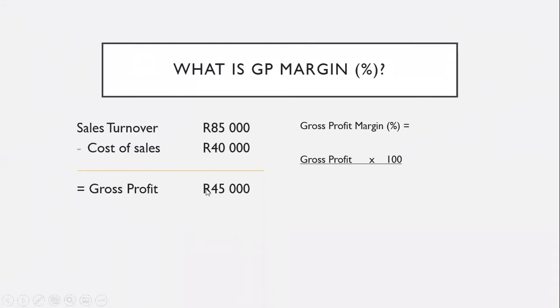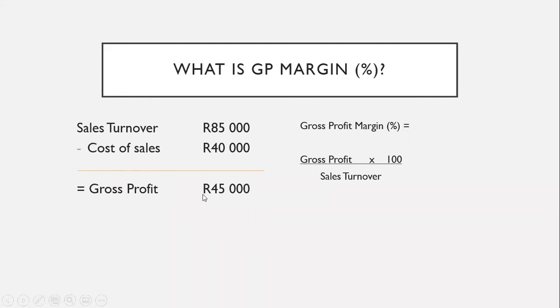If we take gross profit times 100 to get the percentage and divide it by sales turnover, that will get your GP margin. So if you could try and do this calculation for me and see what you get as your GP margin, which would be your GP percentage.